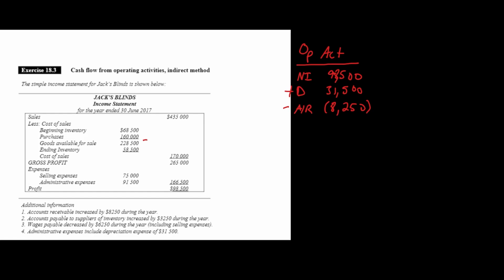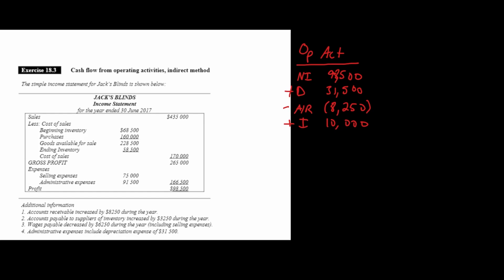So our ending inventory is 58,500, or a decrease of 10,000. When we decrease inventory, that represents a net increase in cash, right? We're selling stuff. So we would actually add this back. That represents all of our current assets.